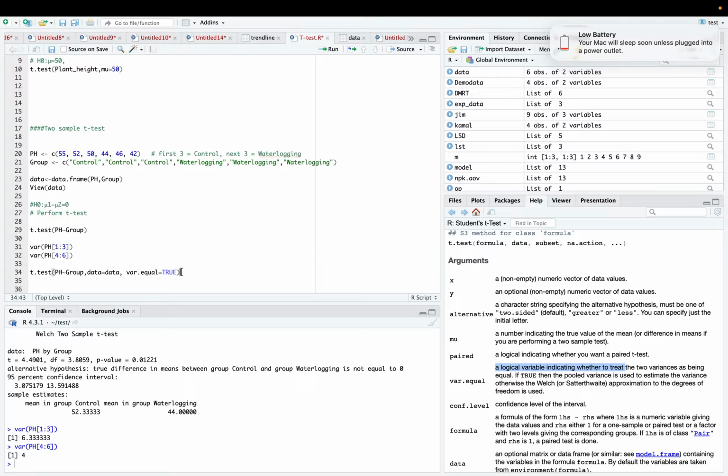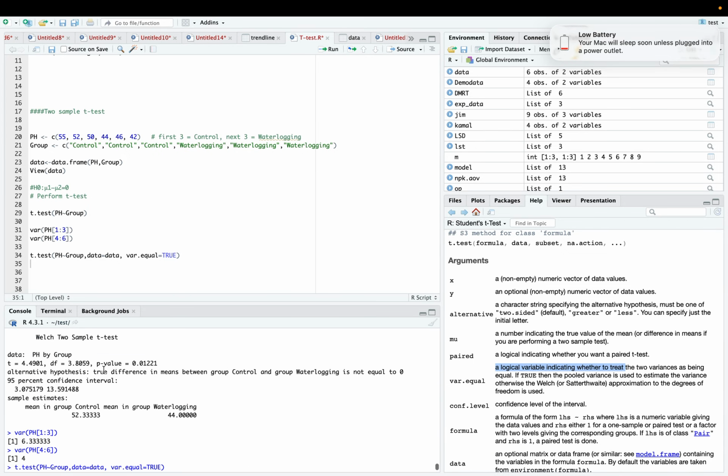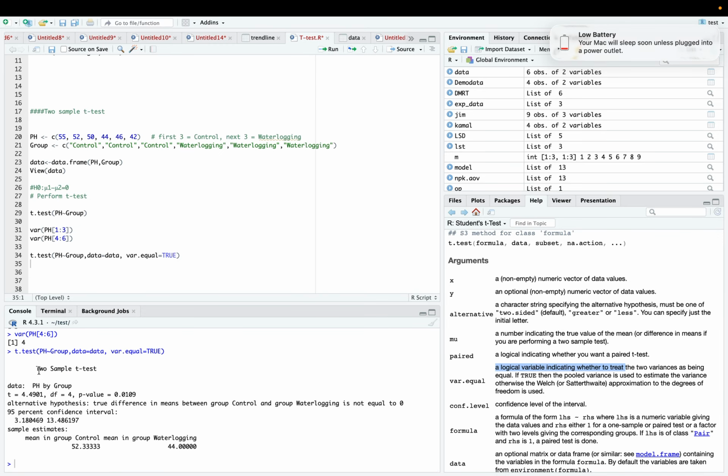Now it will direct to the Student t-test, not the Welch t-test, because by default it shows the Welch t-test. The previous one showed Welch two sample t-test, but this one is the normal Student two sample t-test.